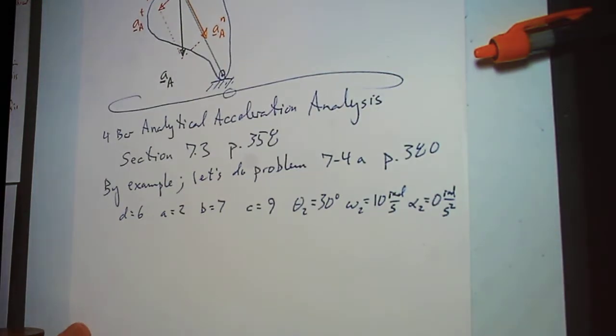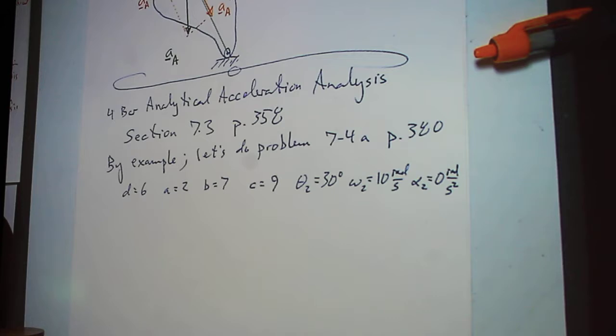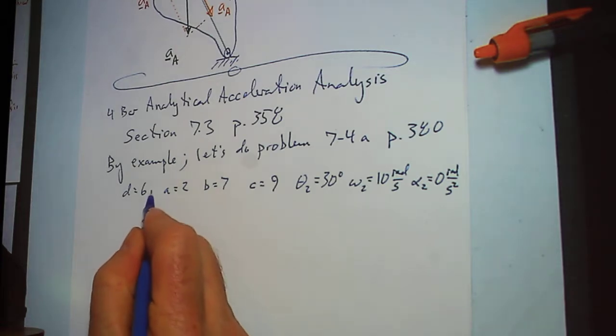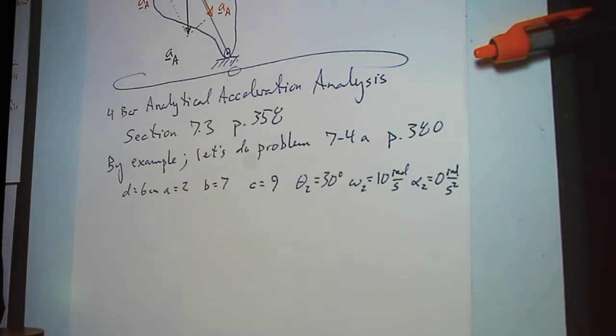All right, so the units are radians per second squared on your alpha component, and we have radians per second on omega, and we have degrees on theta. And these will be in centimeters. All right. Let me draw you what this configuration looks like.